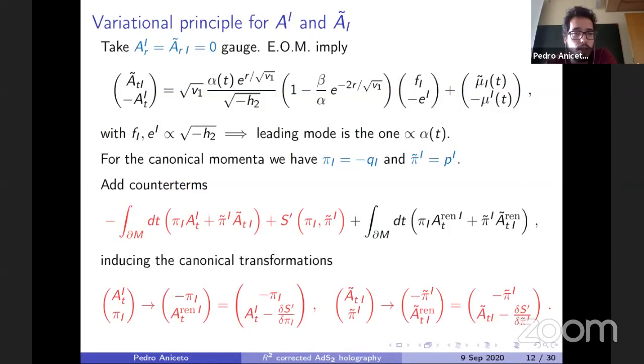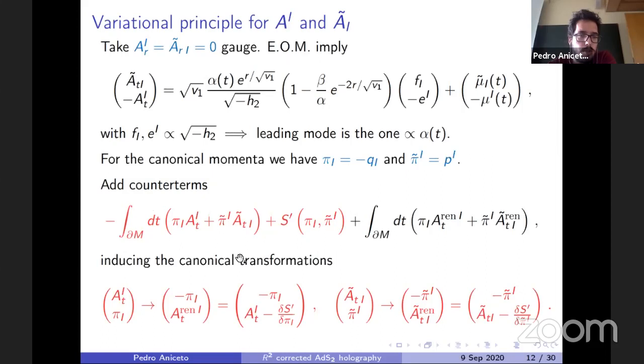The way to proceed is to add boundary counter terms that indicate you are doing a Legendre transform. The first one makes it so that you are actually varying the canonical momenta, and you then add a boundary counter term that depends on the canonical momenta, so that the gauge fields end up being renormalized.